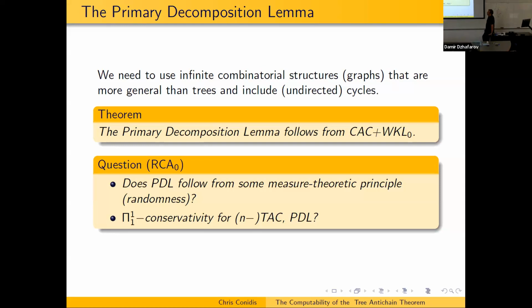Basically, does the primary decomposition lemma, Noether's result from 100 years ago, the more general thing, follow from some kind of measure theoretic principle? Does the solution set always have measure 1, basically? Does it follow from n-randomness for some n? Yeah. All right.